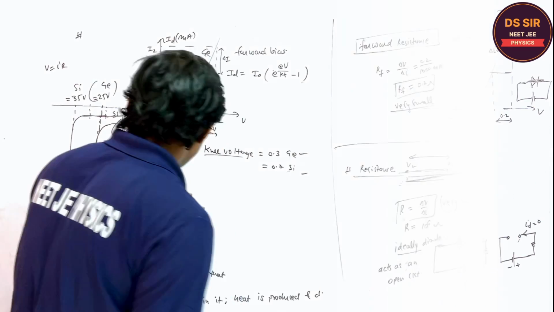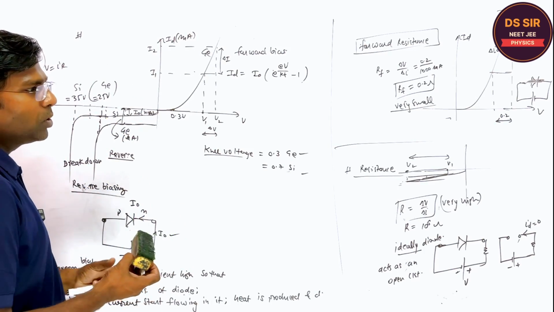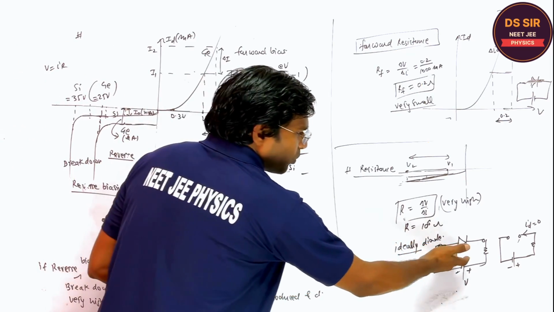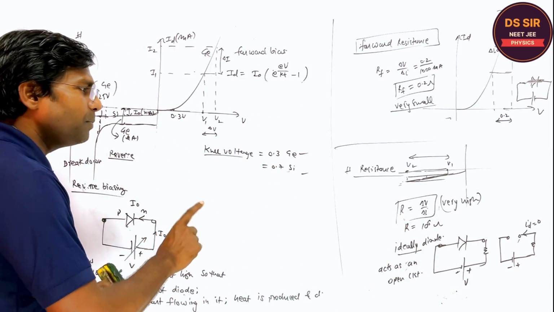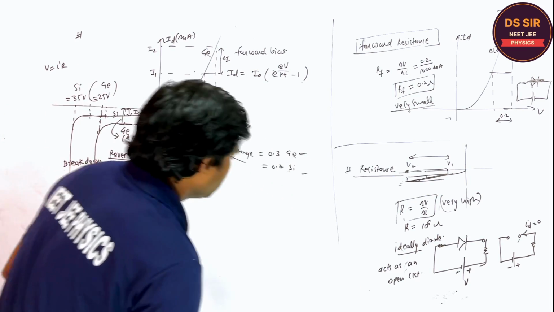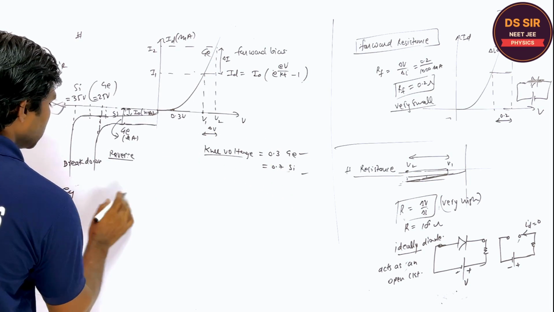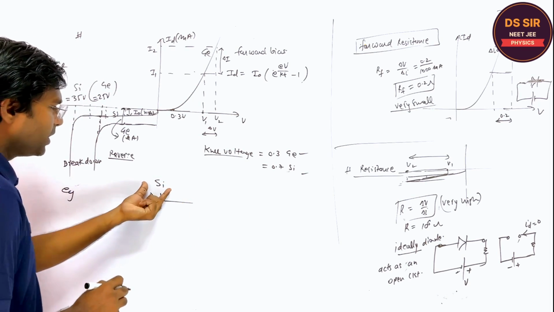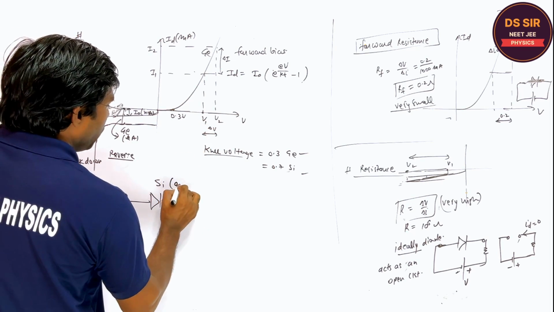Copy this. Now there will be two types of questions given in the exercise: first for the ideal diode and second for the practical diode. For example, suppose this is a silicon diode and its barrier potential is given as 0.7 volt.